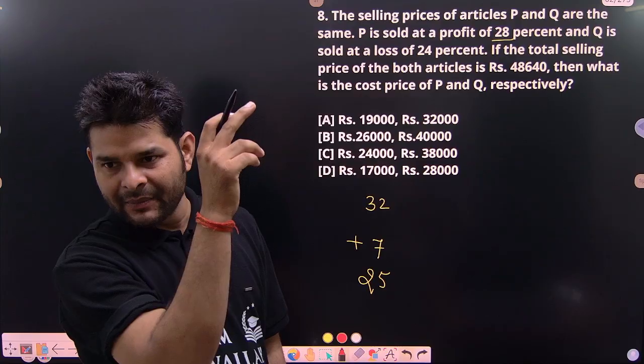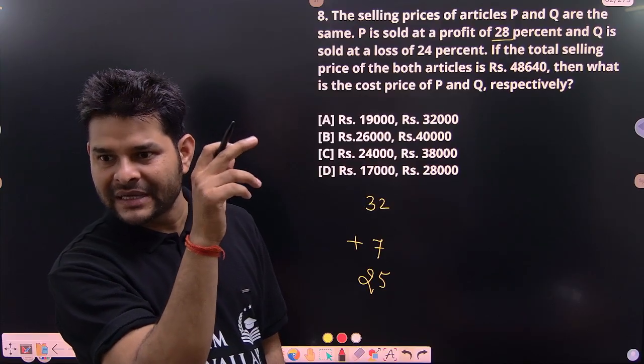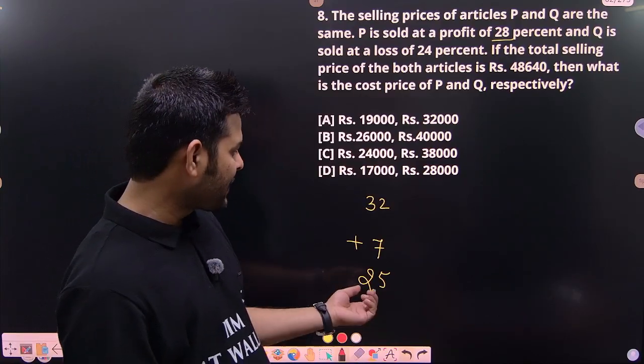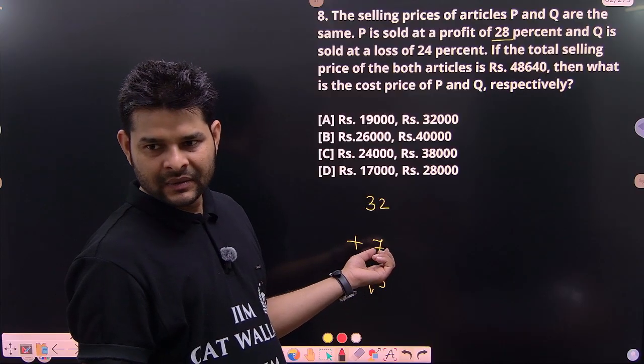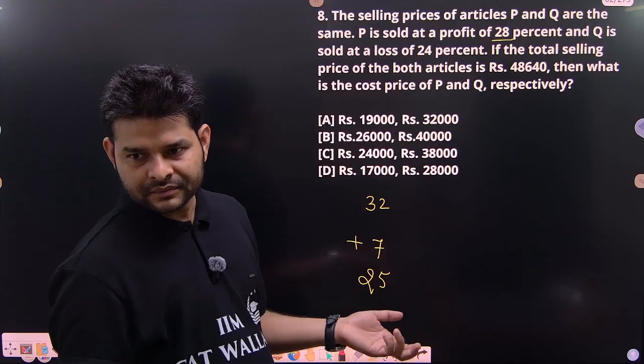So you need to multiply 1/25 by 7. So 25 is your CP, 7 is profit, and 32 would be SP.